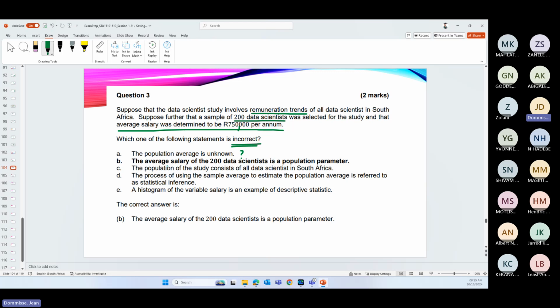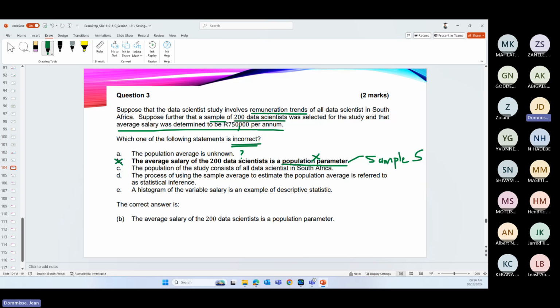The average salary of the 2,200 data scientists is a population parameter. Okay, so that is definitely incorrect, because they say it is from a sample. So this is a sample statistic. So that is the incorrect one.